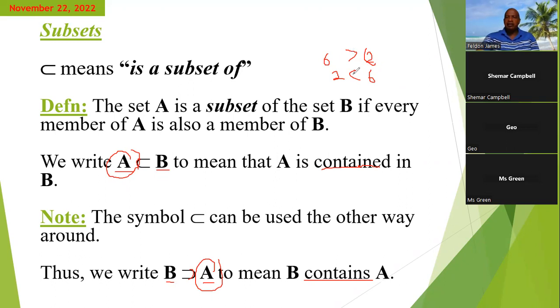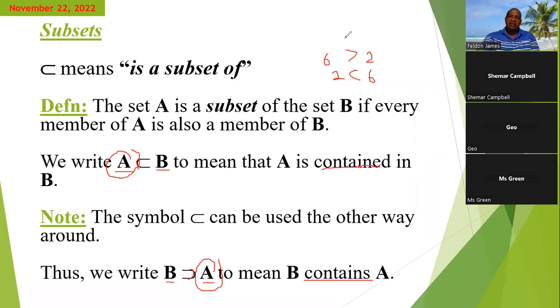So if you turn it around, the point will always point to the number that is less than. And the open end, which is the side that looks like it opens, will always point to the number that is greater. Even if you turn it around, the number that is greater is going to be on that end. You're following so far?